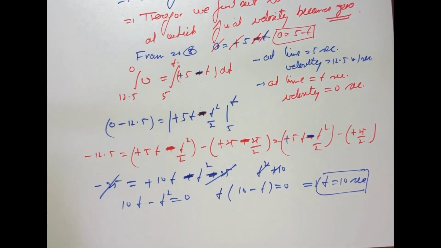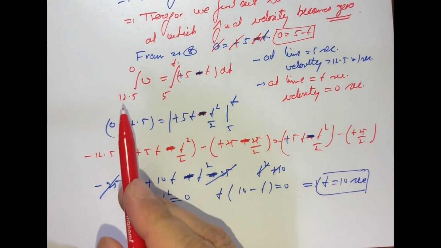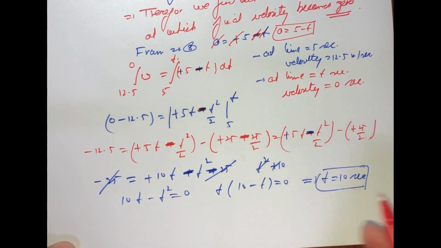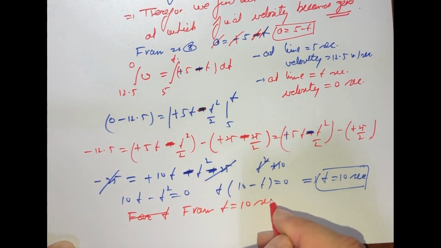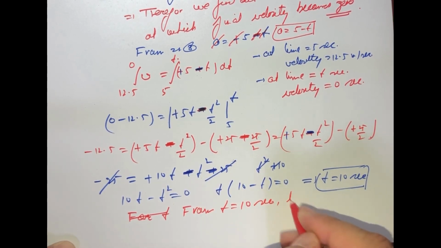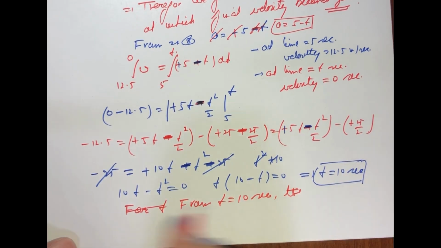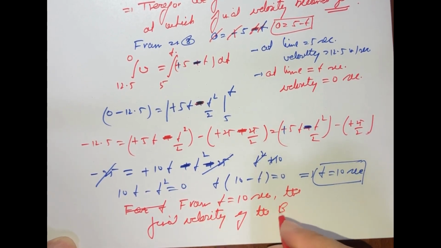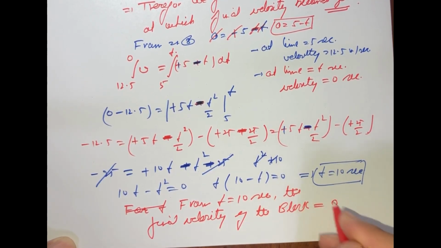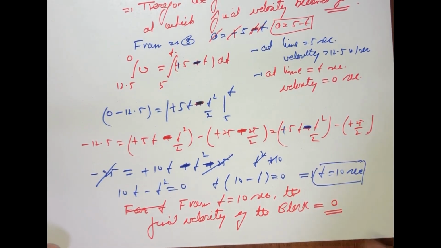So it means at t is equal to 10 seconds, the final velocity of the block will be equal to 0. Okay.